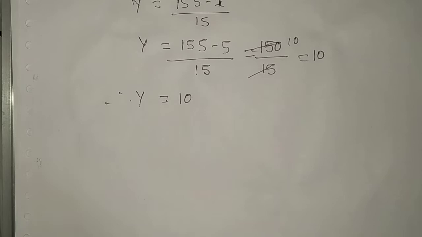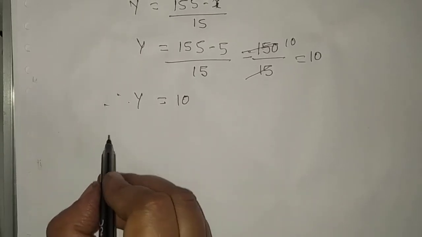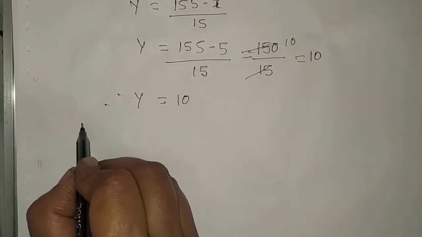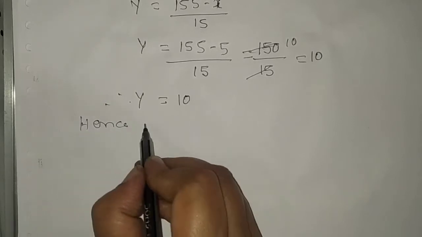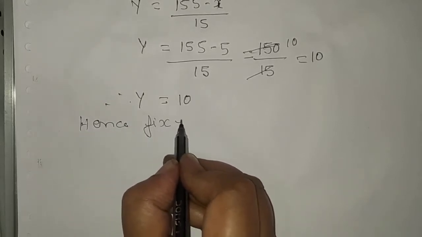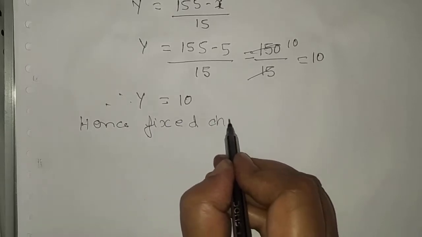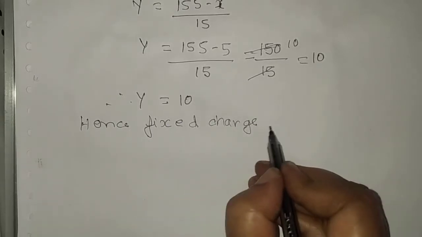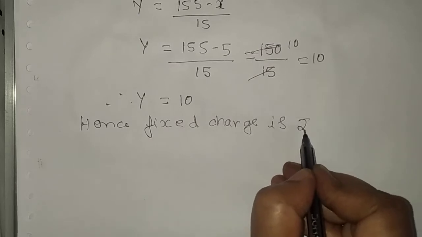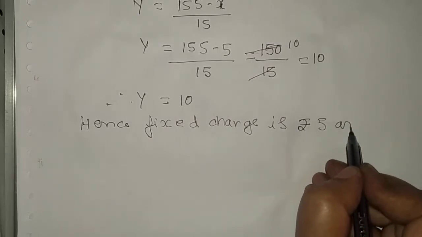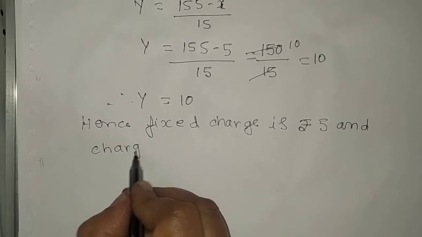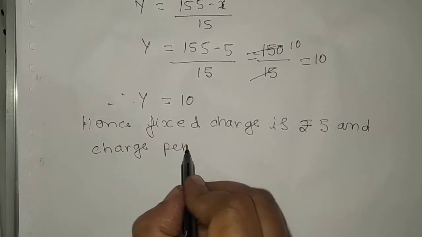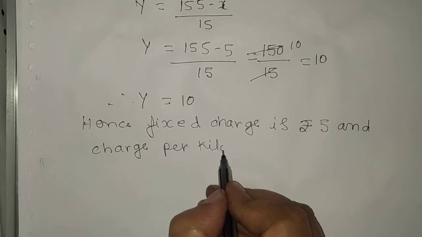So next part is, hence, fixed charge: how much we got? That is rupees 5. And charge per kilometer, how much?